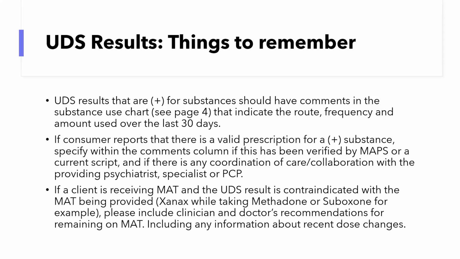If a client is receiving MAT and the UDS result is contraindicated with the MAT being provided, for instance, Xanax while taking methadone or Suboxone, please include the clinician and doctor's recommendations for remaining on MAT, and also include any information about dosing changes.